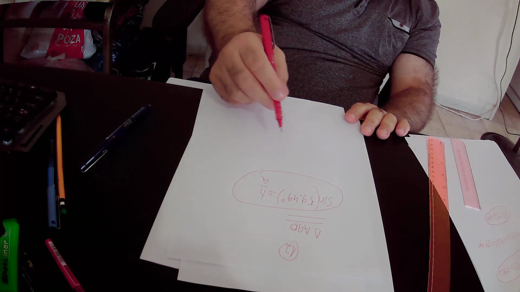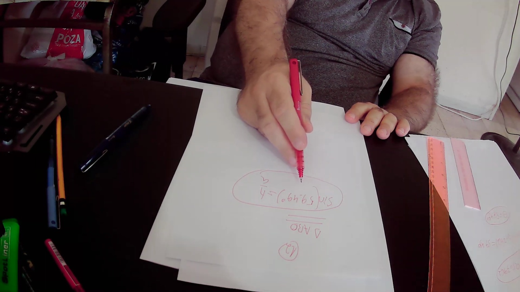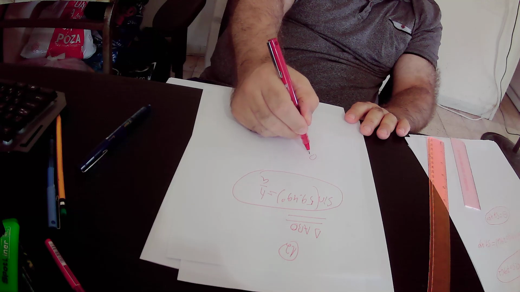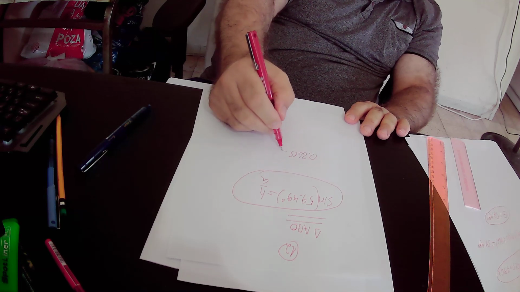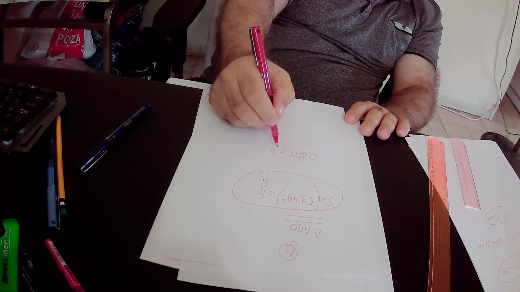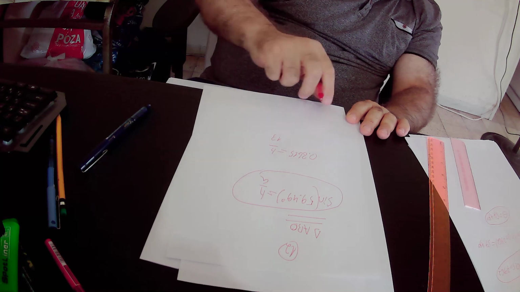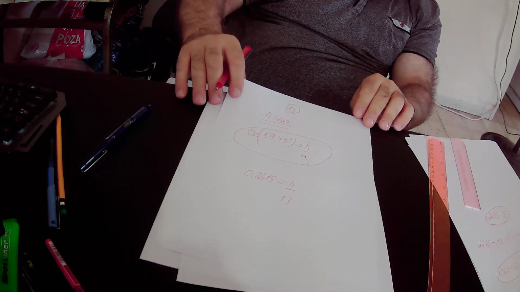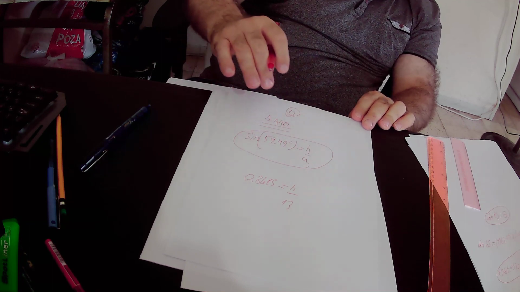And sinus of 59.49 degrees equals 0.8615, which equals h over a equals h over 13. So we got this equality: 0.8615 equals h over 13.